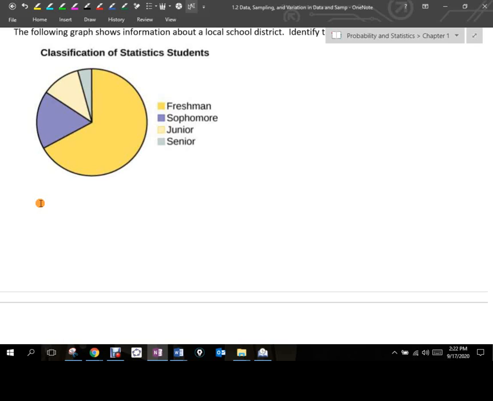The only way that I can really make that pie chart is if I knew what the actual quantities of freshmen, sophomores, juniors, and seniors were, right? So their argument was, well, it's quantitative, and it'd be quantitative discrete, because you can't have half a sophomore, half a junior, something like that. And they argue that it was that way because they just haven't provided us the data. Does that make sense? Or knowledge that the data existed.